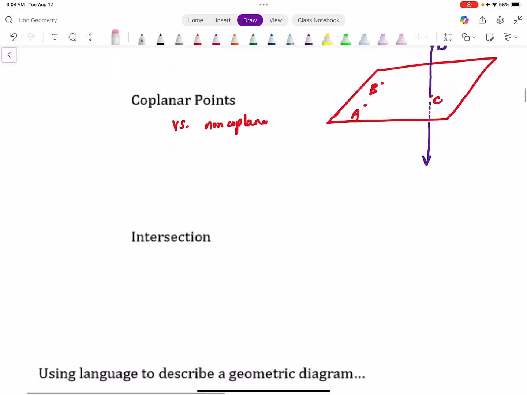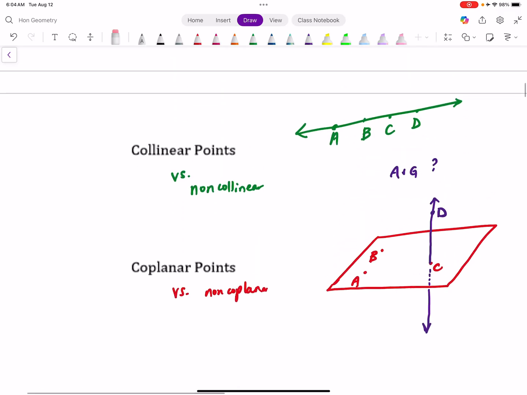Let's see what we got next. An intersection, that's the set. Oh, I guess we should put the definition right here. So collinear points are points all in one line. Coplanar points are points that are all in one plane.